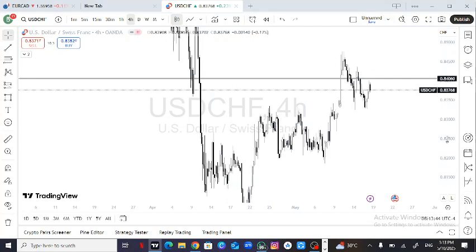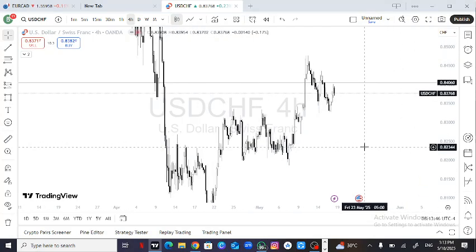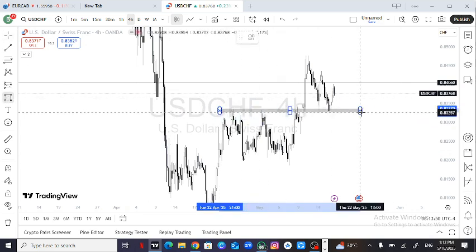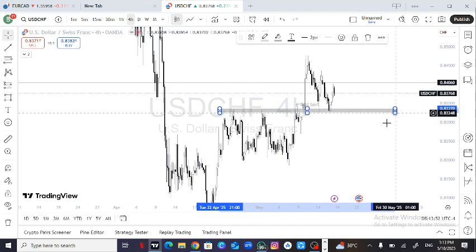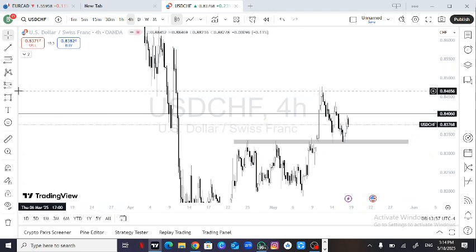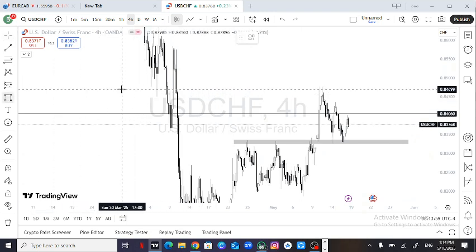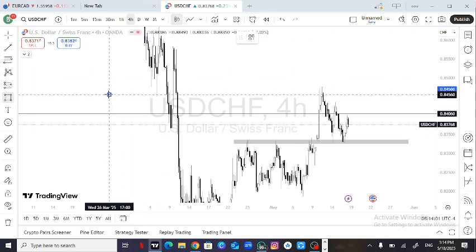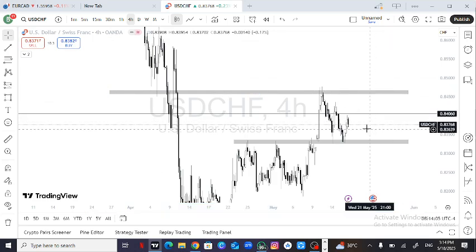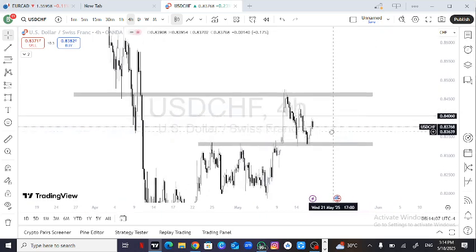Let's put out our zones. We have the first zone here, and the market actually retested it. And we have the second zone here. Now this will be our entry level.